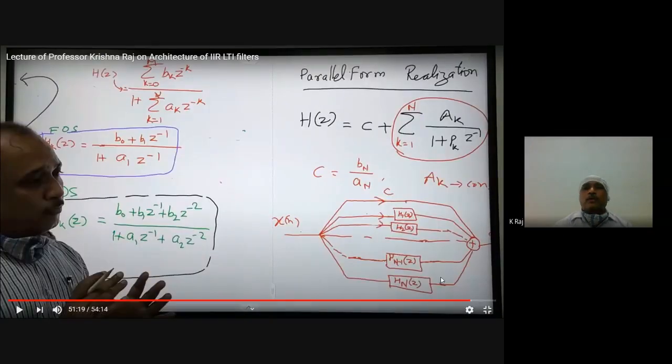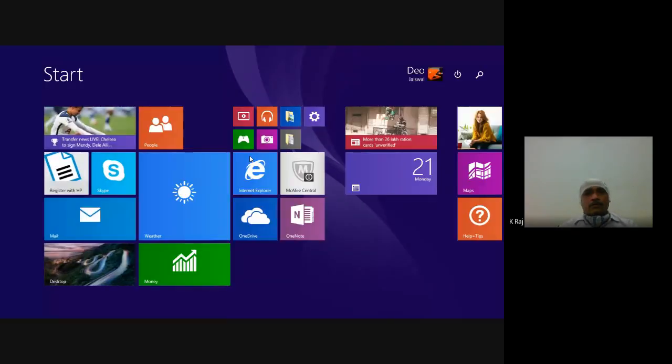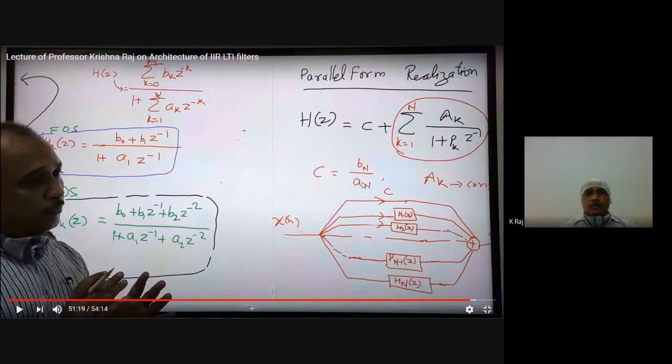So this will be the parallel form architecture for this filter, where H(z) is mathematically represented as C plus the summation from k equal to 1 to n of AK divided by 1 plus PK z to the power minus 1, and C is equal to Bn by An, and AK is a constant.